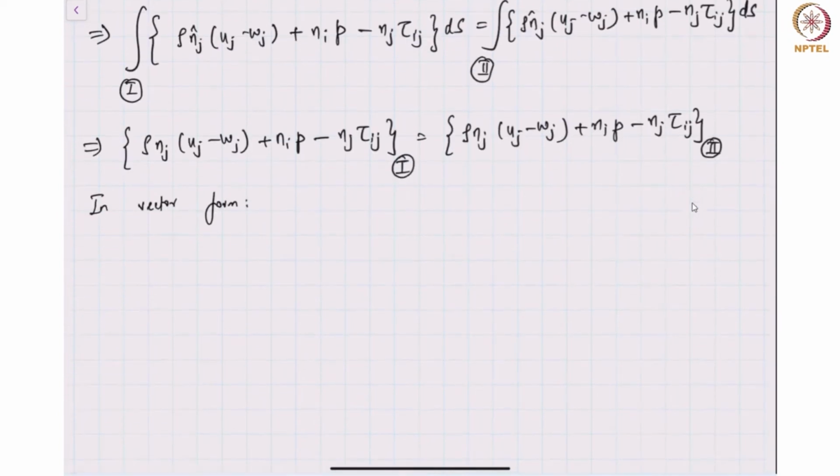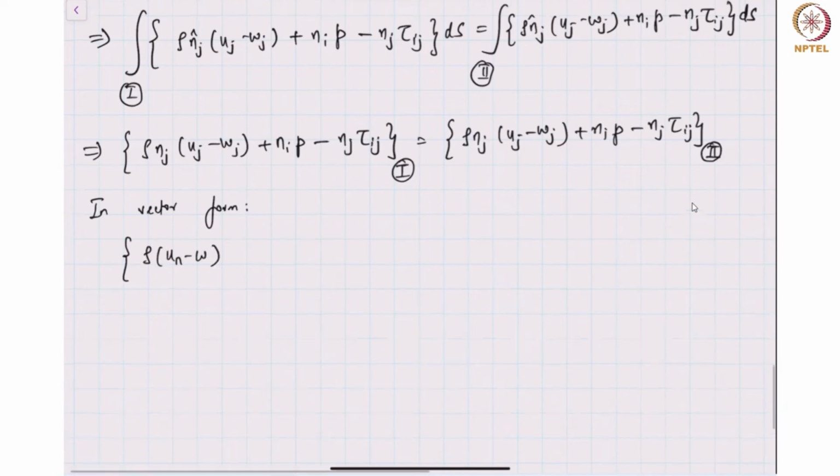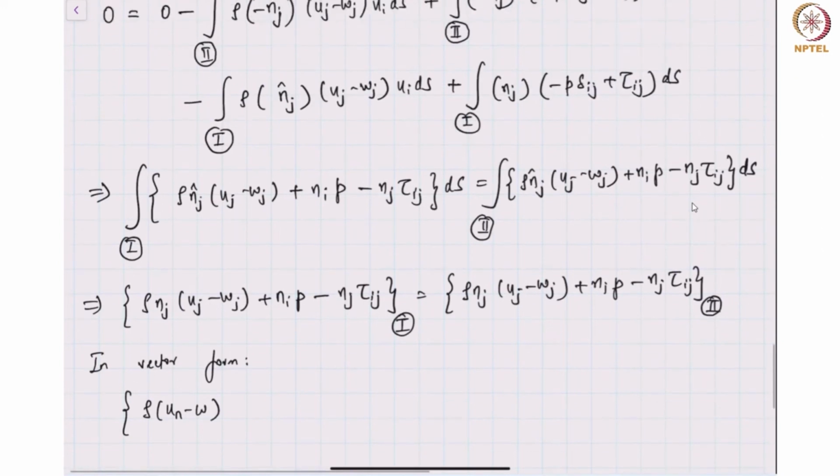I have forgotten a Ui here. Please add this Ui.